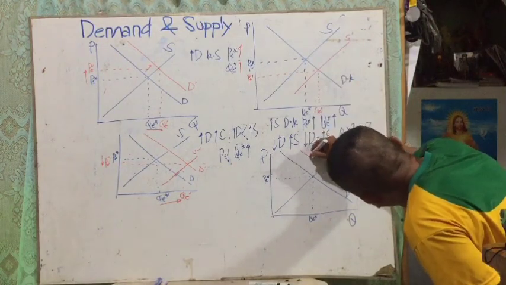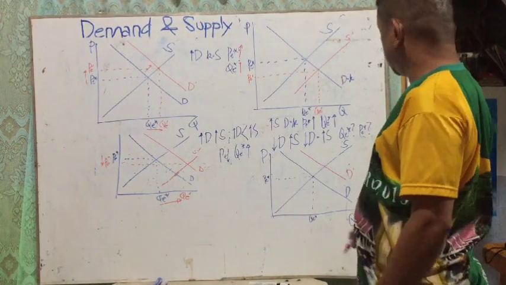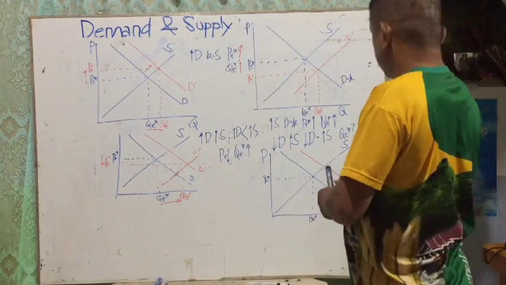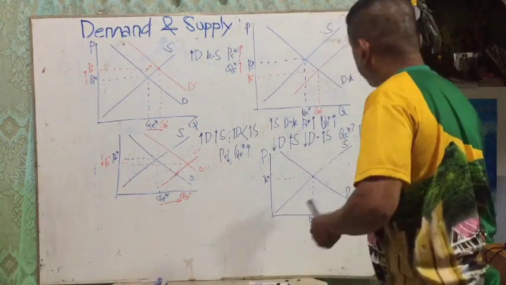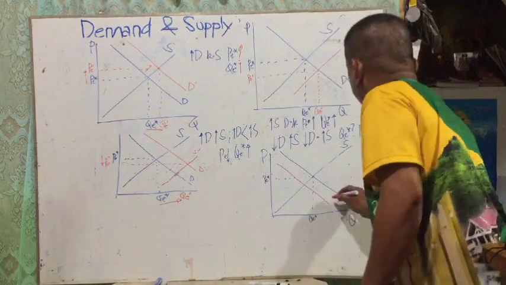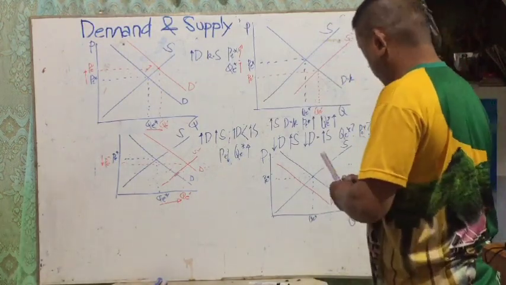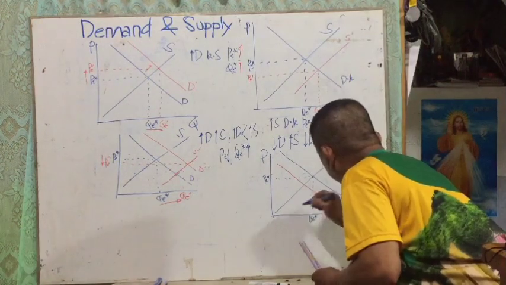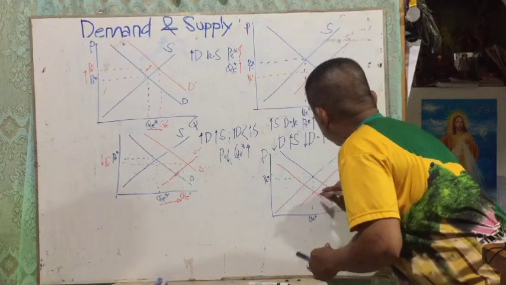So this is now the increase in demand, suppose. While there is this decrease in demand. Okay. While there is an increase in supply. Okay.